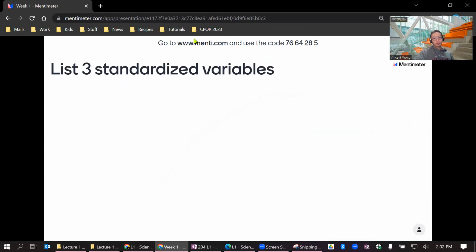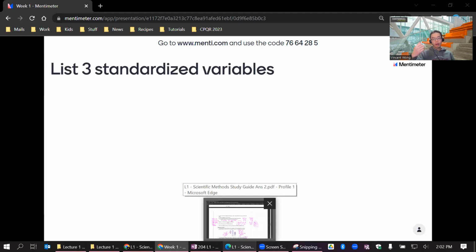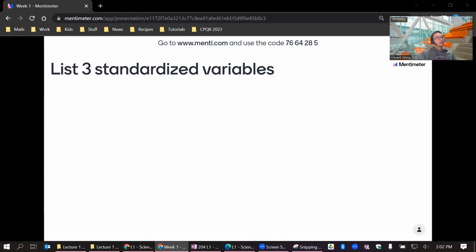So you can either visit this web page yourself and then type in the code, or you can just click on the link that I have provided for you in the chat box. And I want you to tell me 3 standardized variables for our experiment, the vitamin experiment.